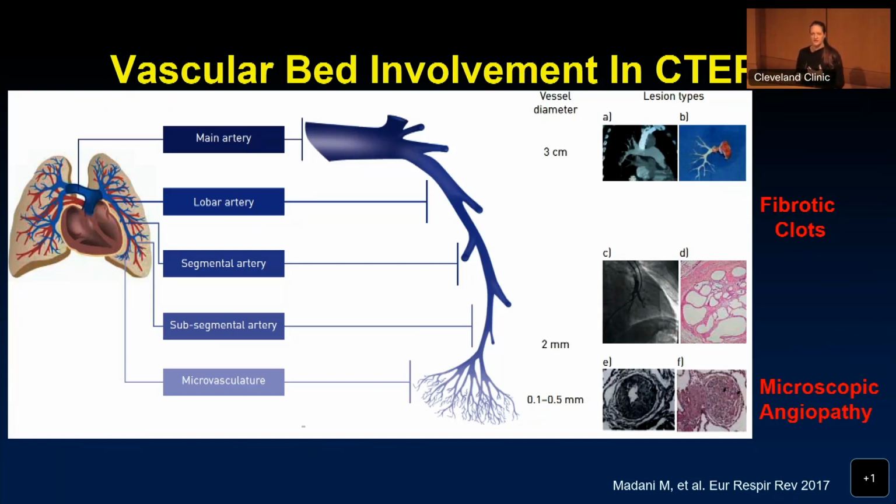I think of that as macrovascular disease, meaning I can actually see it with my eyes. Most of the alterations boil down to changes in, or non-resolution of, these fibrotic clots or scars that you see in these blood vessels. And then at a microvascular level, as I mentioned, the microscopic, less than 1 millimeter pulmonary arterioles and arteries can get involved, and you can see changes like those pictured here: medial thickening, intimal fibrosis, plexiform lesions.